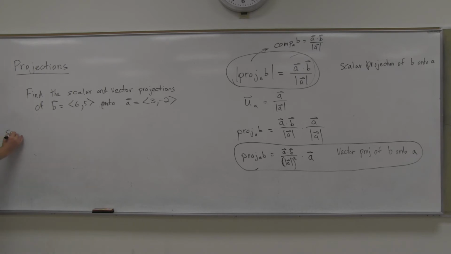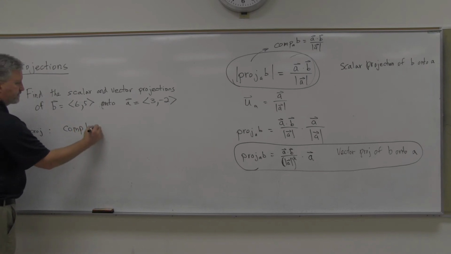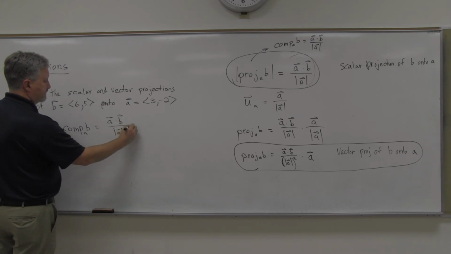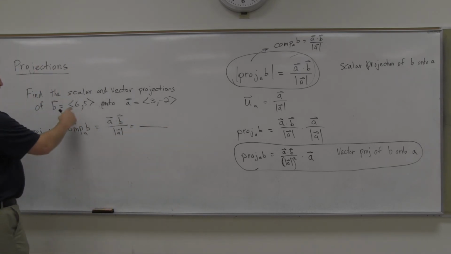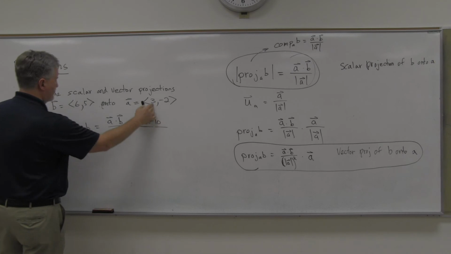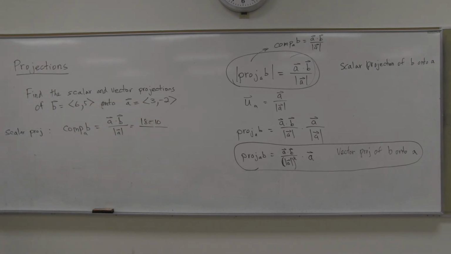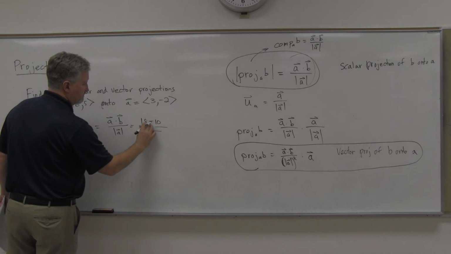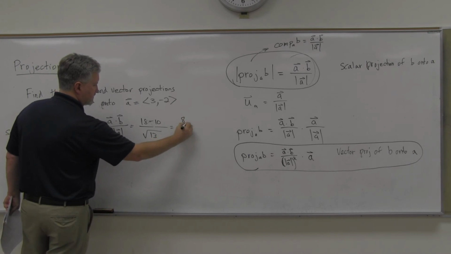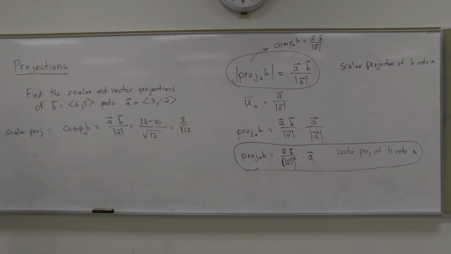The scalar projection is this component of B onto A, and it is the dot product divided by the magnitude of A. Easy enough to do, right? 3 times 6 is 18, minus 10, 3 times 6 and 5 times -2. Magnitude of A, you just do the square root of 9 plus 4, so it'll be 13, so you've got 8 over the square root of 13. So that's that one.